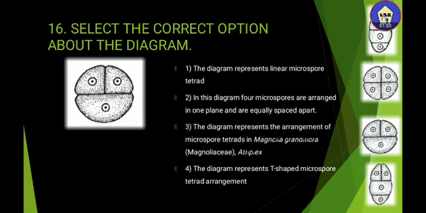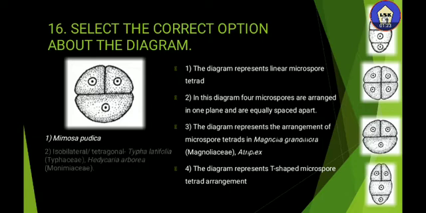So it should be like this. This fourth diagram represents the T-shaped tetrad arrangement. Now let us see the examples for the other types. Here is the example for the linear microspore tetrad, Mimosa pudica, the first diagram in the options. So that represents the linear microspore tetrad.